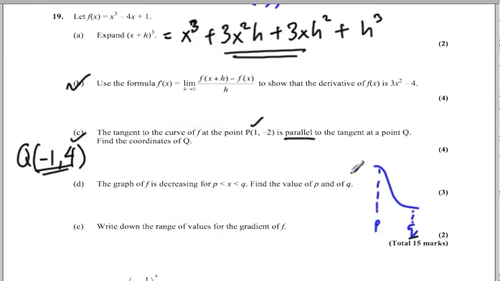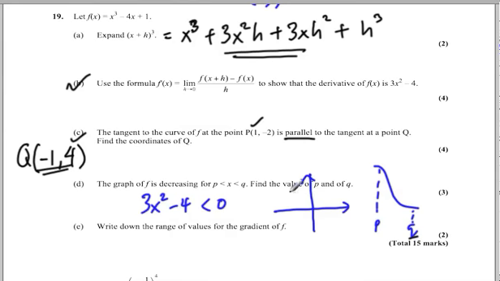If it's decreasing, its slope is negative, because the only way it can decrease is if its slope is negative. So what that means is 3x squared minus 4 is less than 0. A good way of looking at where that is negative is to draw a little graph of it.